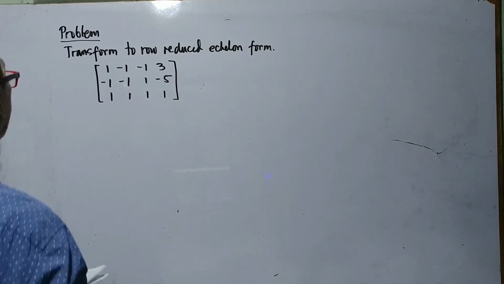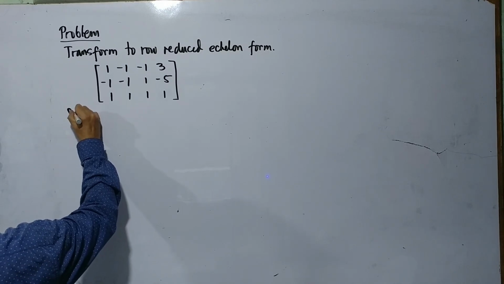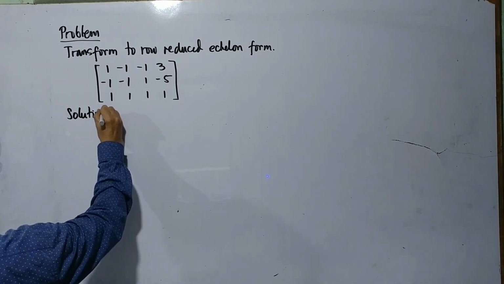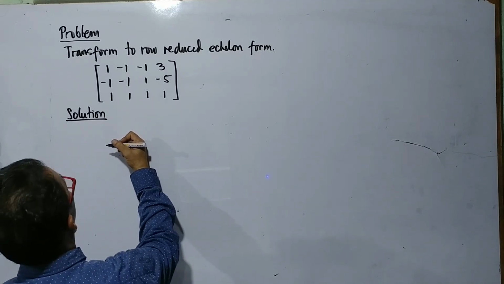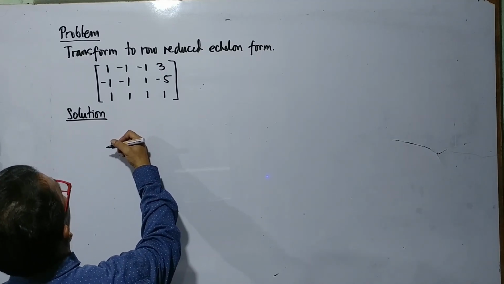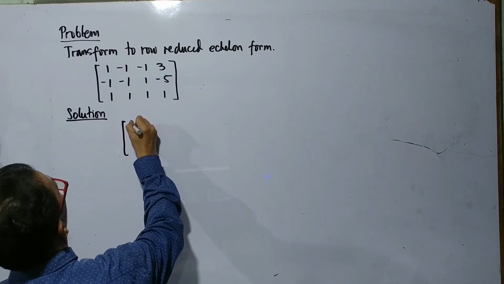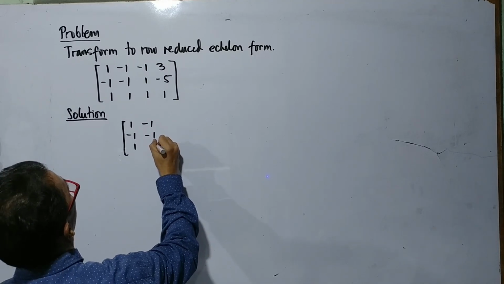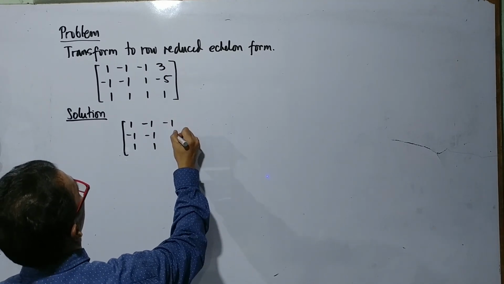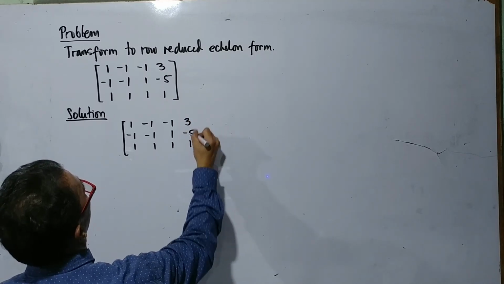So to solve it, we have the problem: 1, negative 1, negative 1, 3, negative 1, 1, negative 1, negative 5, 1, 1, 1, 1.